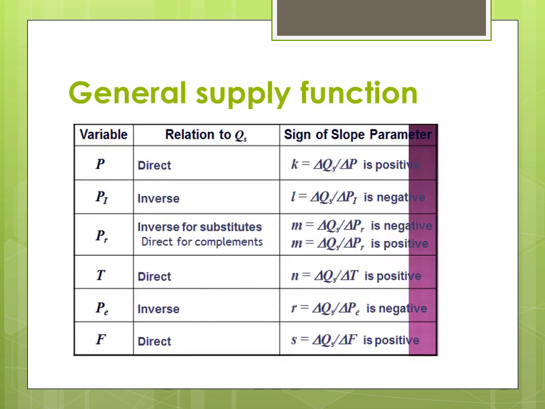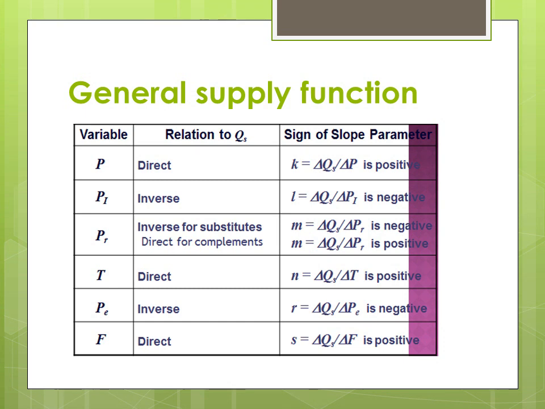Shifts in demand. So on the x-axis we are taking quantity demanded horizontally, and on the y-axis we are taking price vertically. So here are three demand curves. Shifts in demand occur due to change in price.